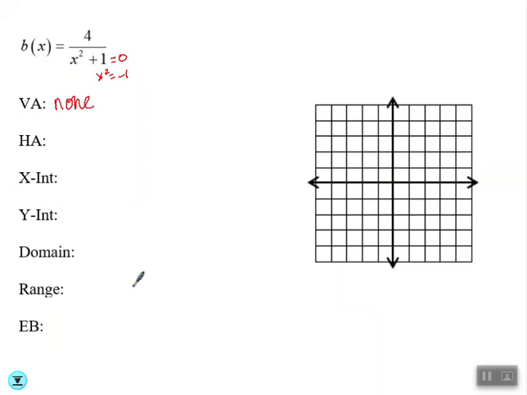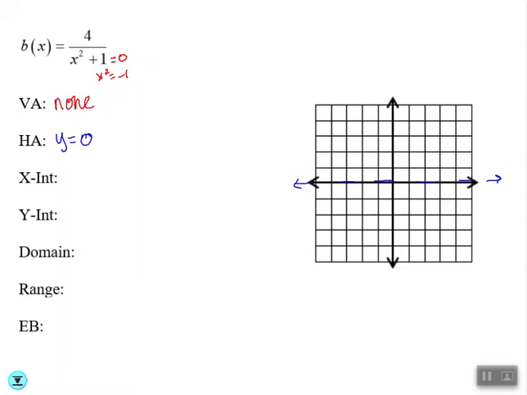For the horizontal asymptote, we need to look at the degrees. The degree of the numerator is 0 because there are no x's. The degree of the denominator is 2. So our horizontal asymptote is going to be y equals 0. For our x-intercept, we set the numerator equal to 0 and solve.